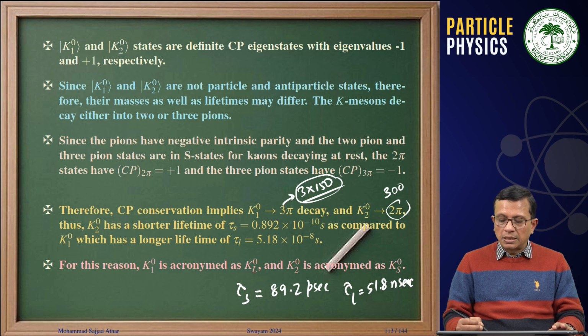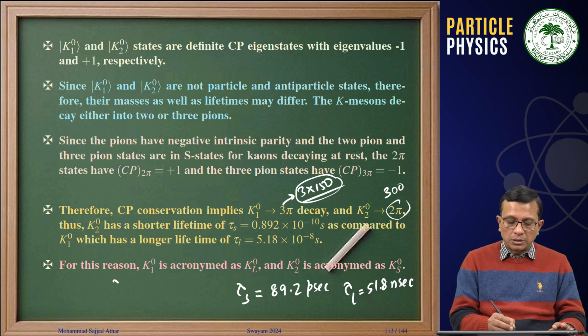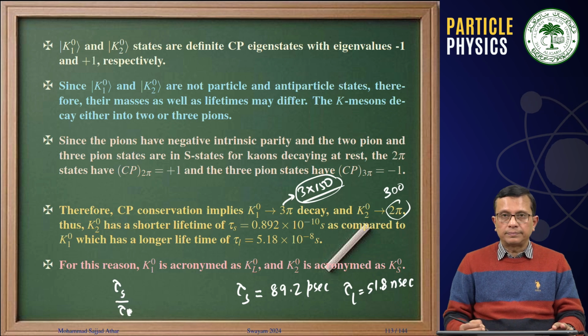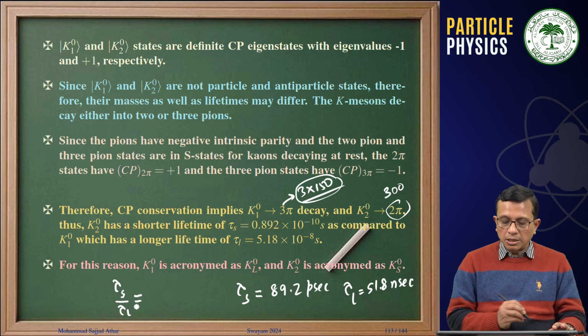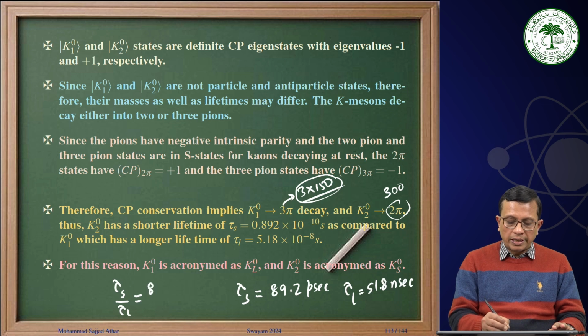That means if I talk about tau s by tau L, then this is equal to 89.2 into 10 power minus 12 upon 51.8 into 10 power minus 9.